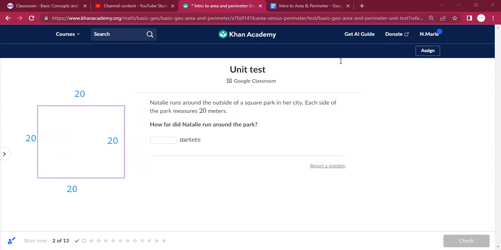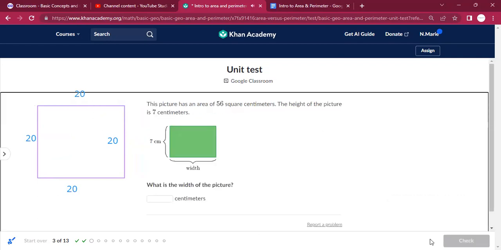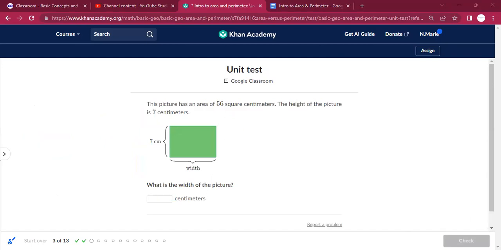That would get us the perimeter. 20 times 4 is 80. If we were looking for area, that would be 20 times 20. Perimeter is when you add all the sides, especially with 4-sided figures, you're going to be adding all the sides.